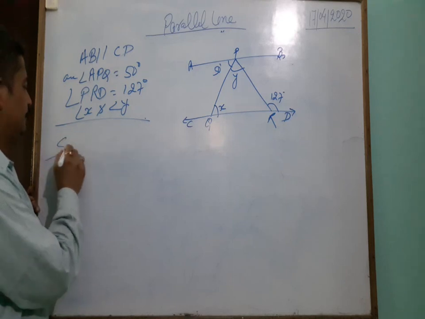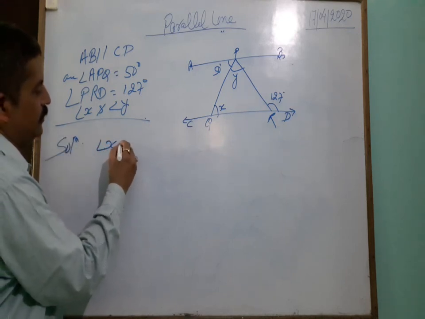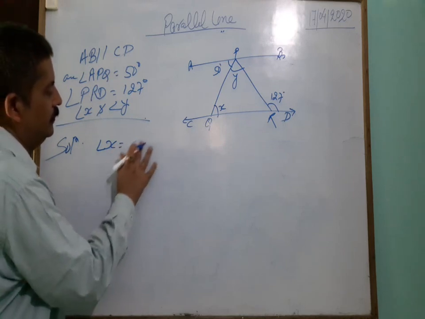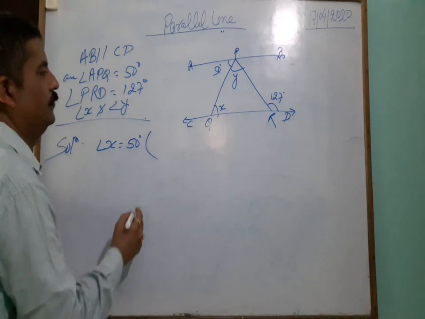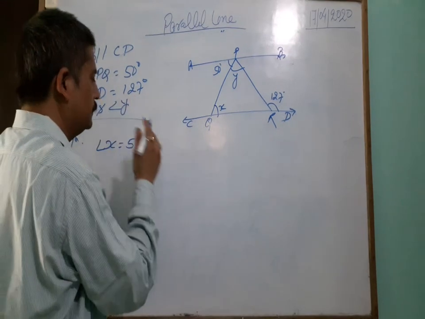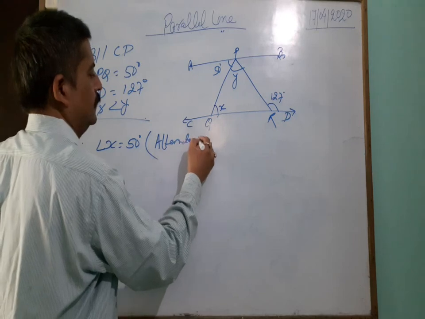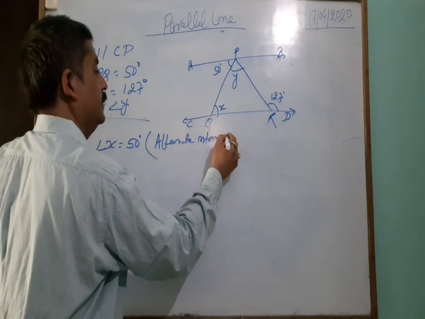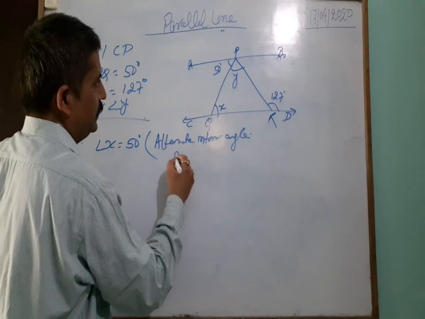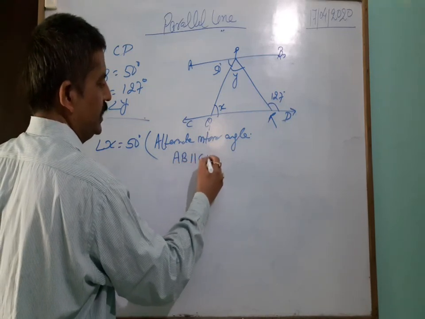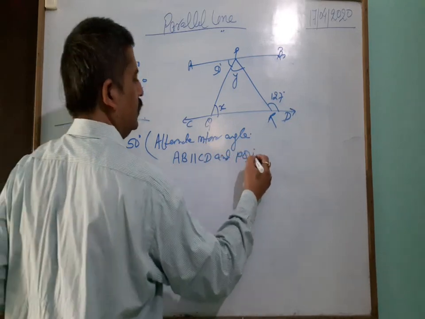So first, angle X equals angle 50 degrees. What is the condition? Alternate interior angles, when AB is parallel to CD and PQ is the transversal.